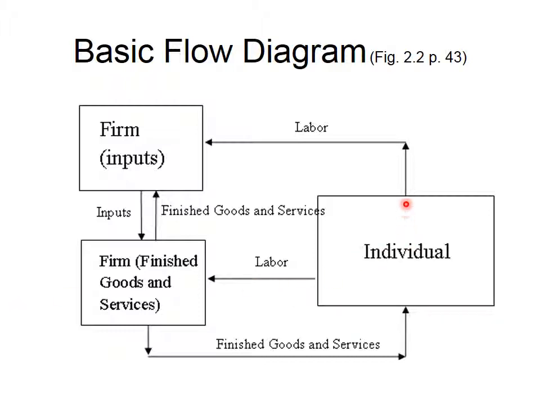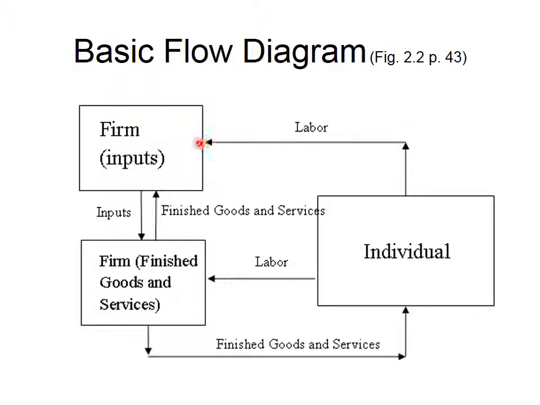Let's start here. This is where all economics begins, with the production of labor. Why? Because if nobody produces, if nobody labors, nothing is produced. So can we just start with that simple understanding? All economics, everything, begins with labor. The individual produces labor.